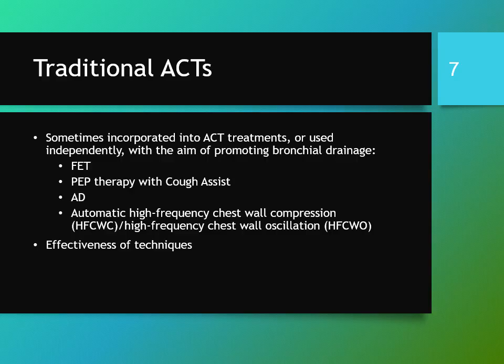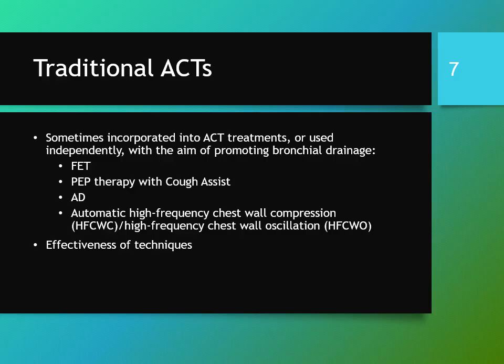Not really known if it's helpful in infants, but we know that it can help in kids, especially if it's used in conjunction with a vest or with chest physiotherapy. It can help kids, neuromuscular pediatric patients, get secretions up and out.